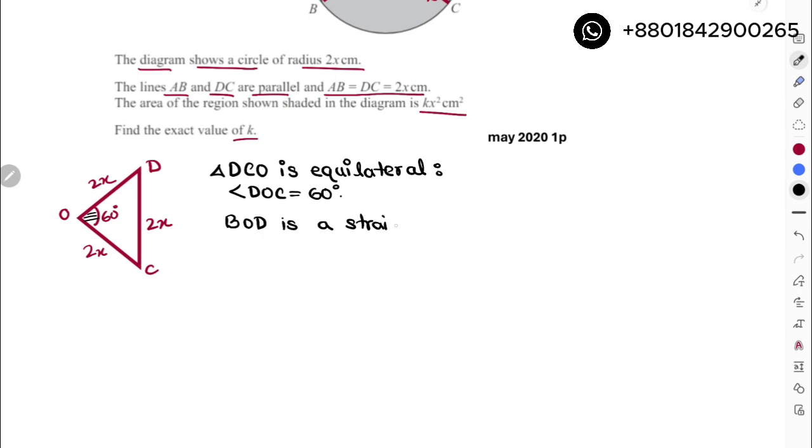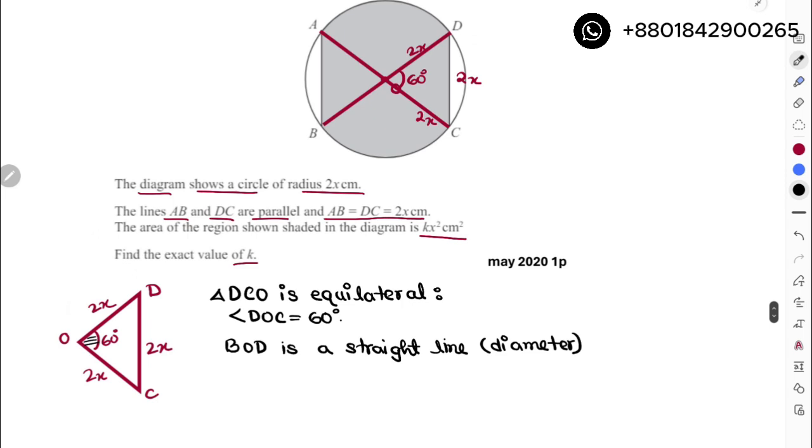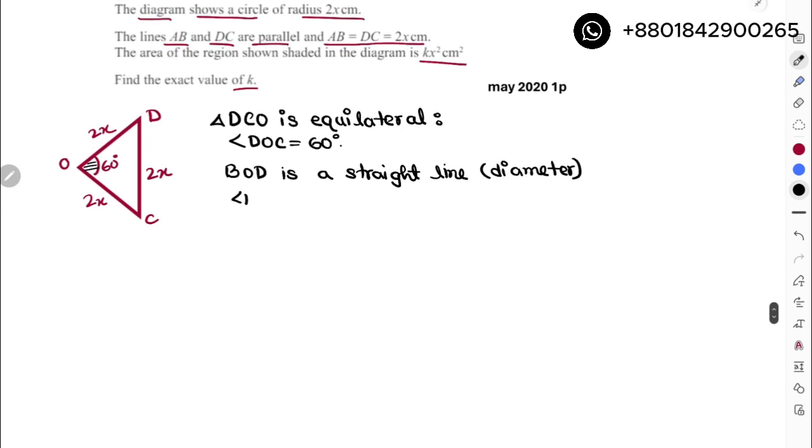This is a diameter actually. If this is a diameter, then obviously you can find out the angle BOC. Angle BOC is just going to be 180 minus 60, sum of a straight line. That is going to be 120 over here.